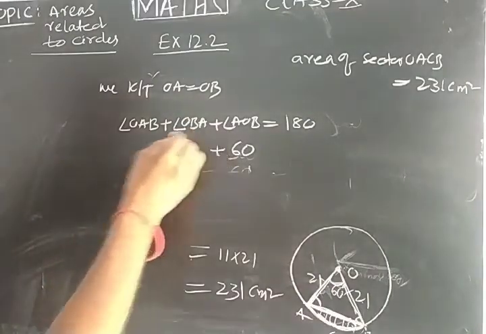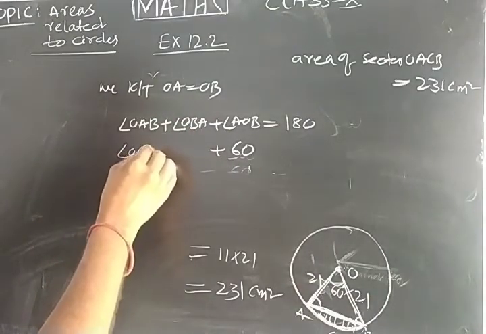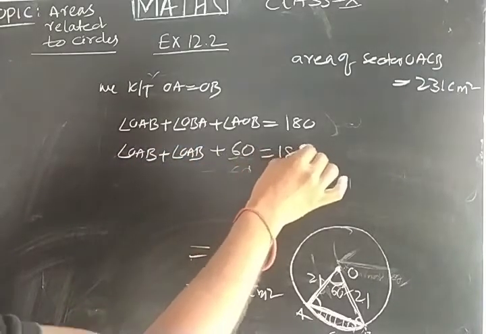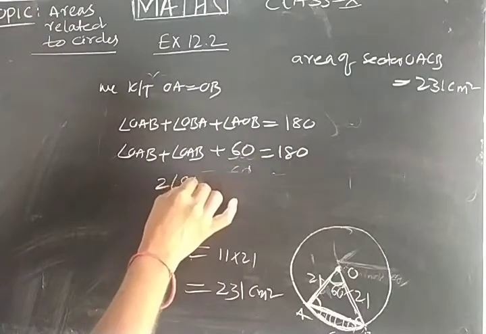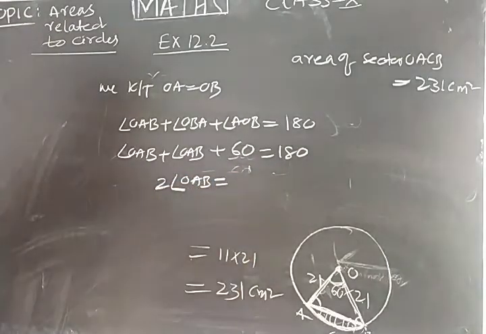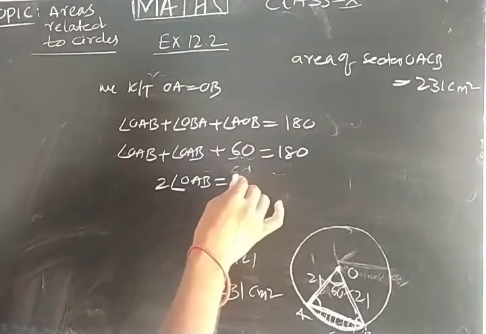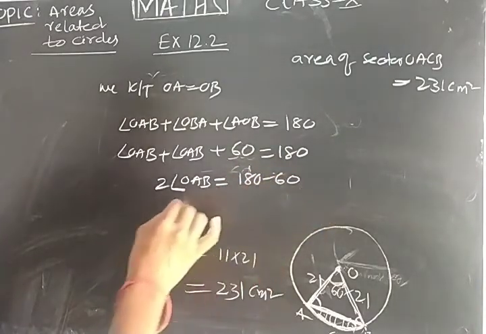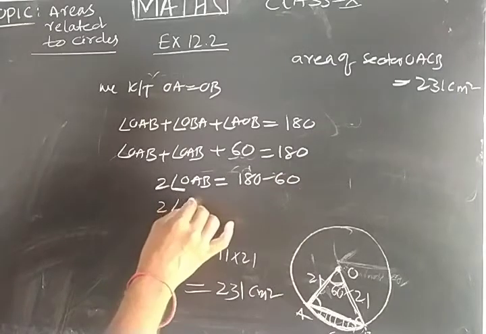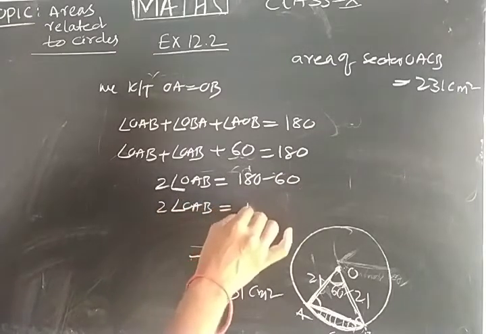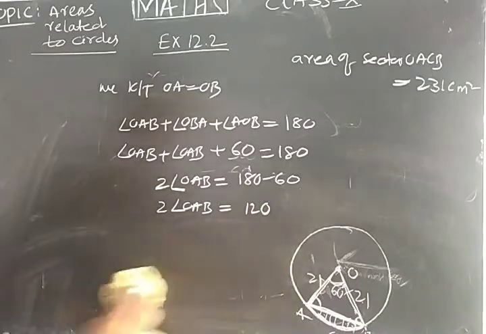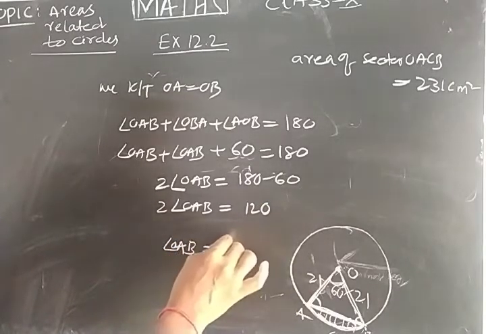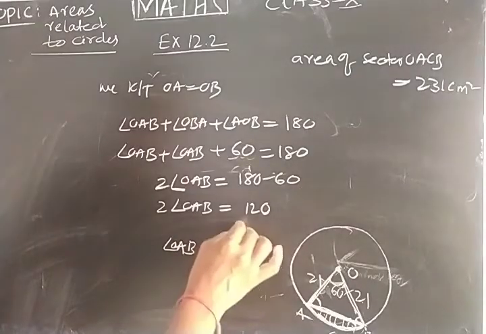So 2 angle OAB is equal to 180 minus 60, which is 120. Angle OAB is 120 by 2, which is 60.